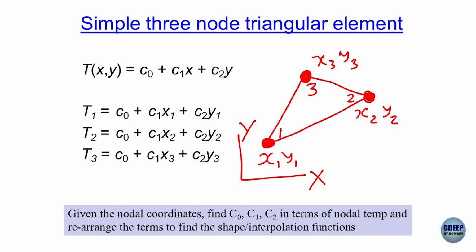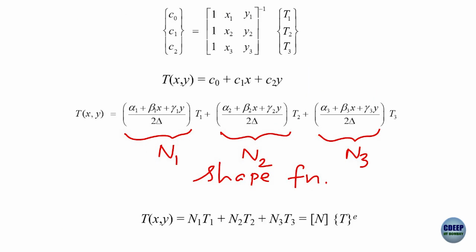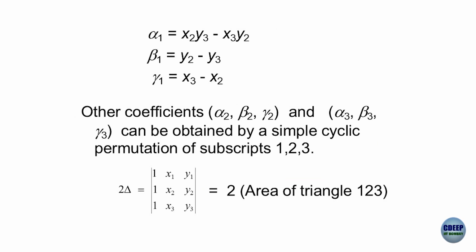We substitute the coordinates x1, y1, x2, y2, x3, y3. So we get 3 equations, and then we invert the equations, find out C0, C1, C2, and then substitute it. Then these shape functions became like this, where alpha, beta, gamma were given in terms of these variables and 2 delta was the determinant as follows.